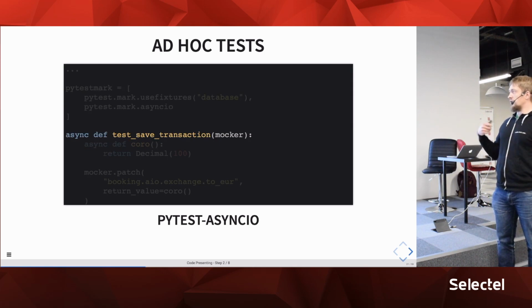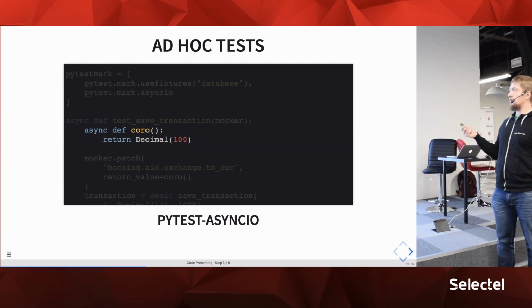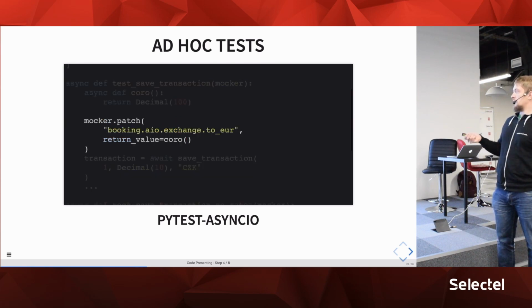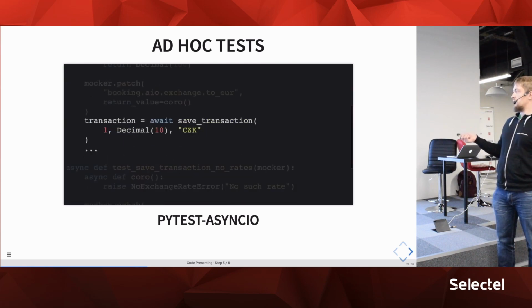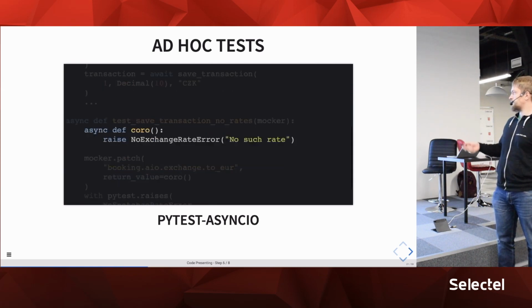So it's really similar to the synchronous one, except for the fact that we need to replace this function with some coroutine. And the rest is the same, and we need to utilize await syntax for our new coroutines. And okay, for an exception, it could work like this.